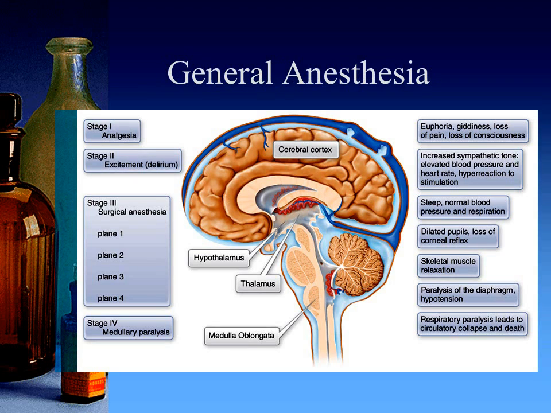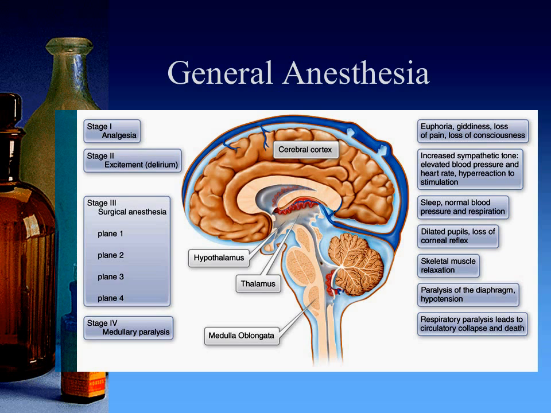I'm going to switch gears a little bit now and look at general anesthesia. A little overview, as I'm not sure how much you know on general anesthesia itself. There's really 4 stages to it. The first stage when we administer general anesthesia is called analgesia.